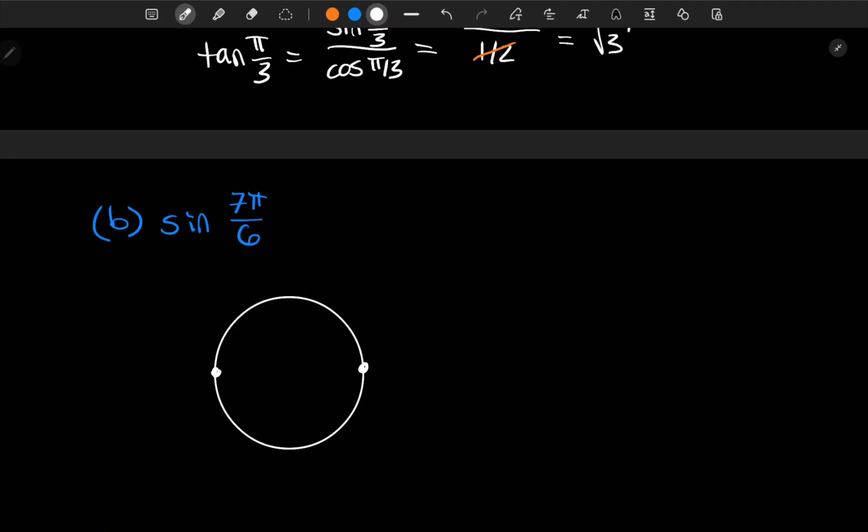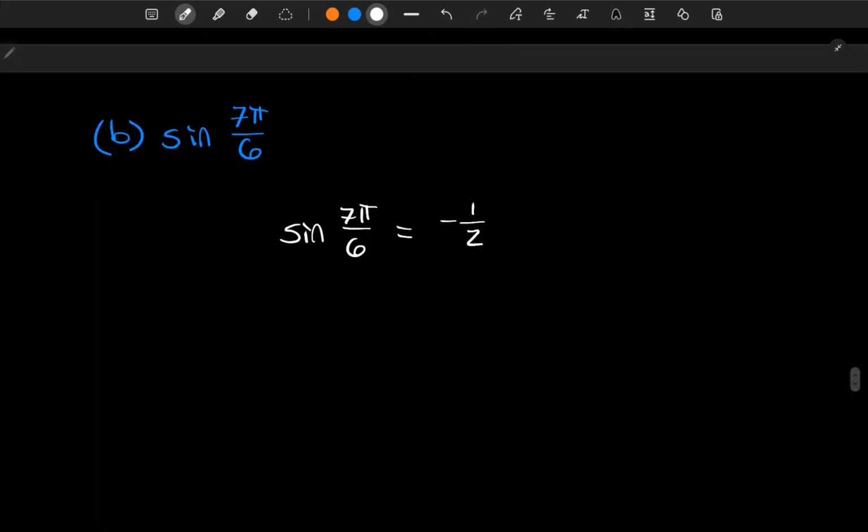And 7 pi over 6 is pi over 6 past pi. So it's about here. And if you remember your unit circle, this should be a negative value. And since it's sine, we find that sine of 7 pi over 6 is equal to negative 1/2.